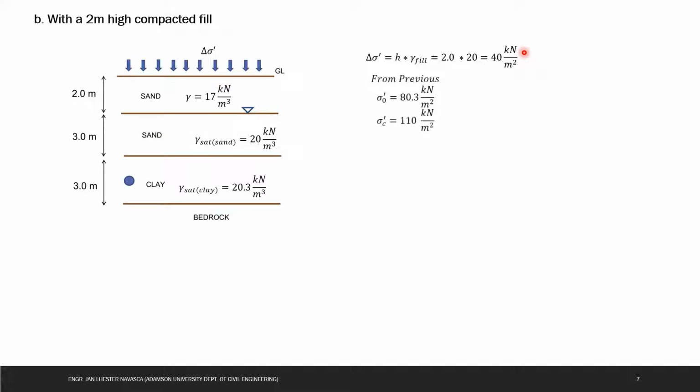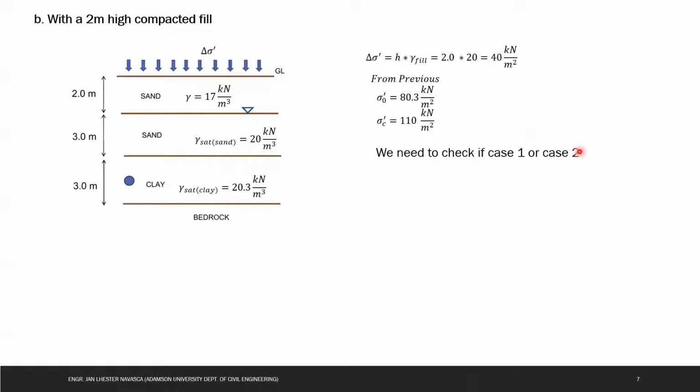Okay. So from the previous, just rewrite the overburden pressure of 80.3 and the pre-consolidation pressure of 110. We need to check if our case is case 1 or case 2, since our given sample is an over-consolidated clay.